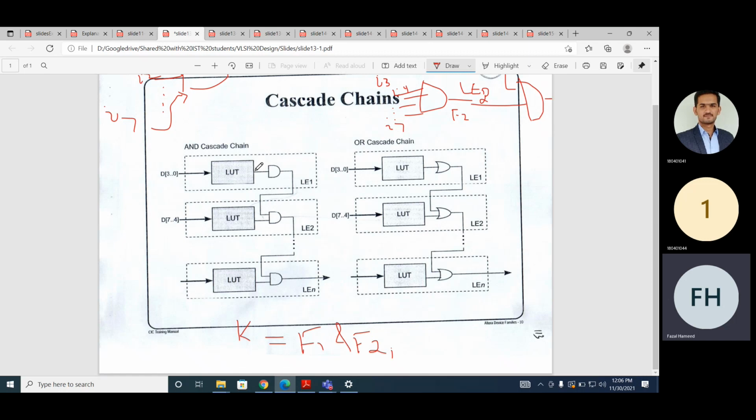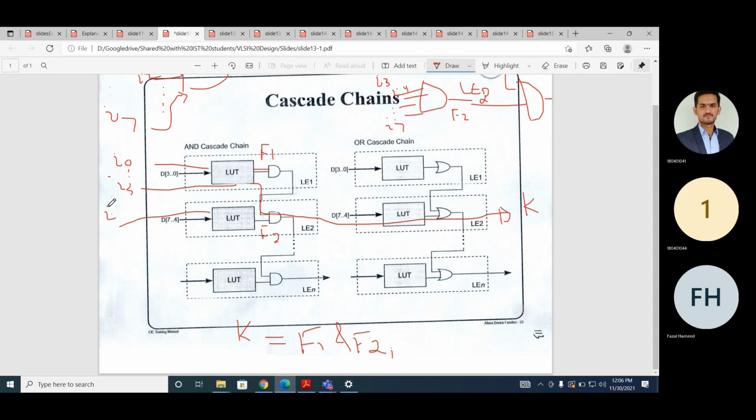F1 is implemented here and F2 here, and then this is your output. What will be the input to this LUT? I0 to I3, and for this LUT I4 to I7. In this way we have used an AND cascade chain to implement a wider function.